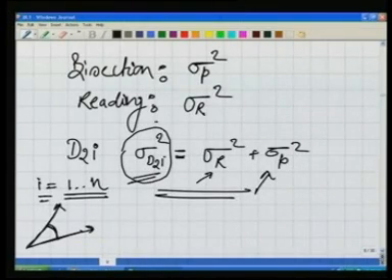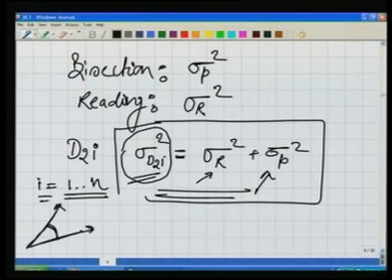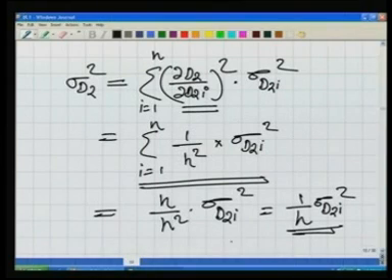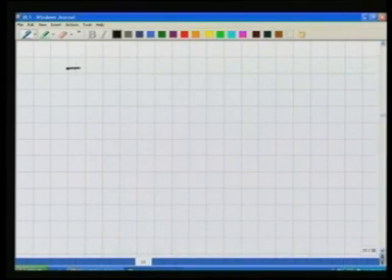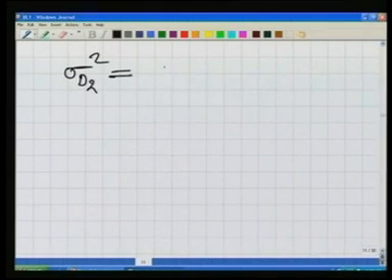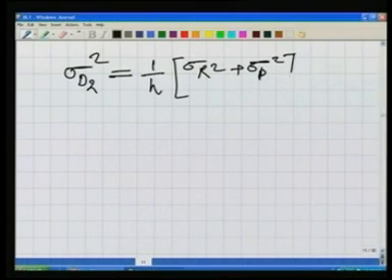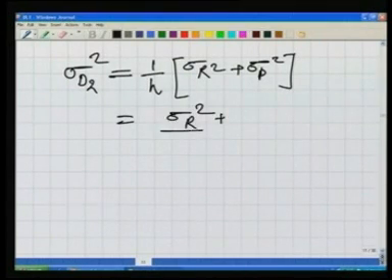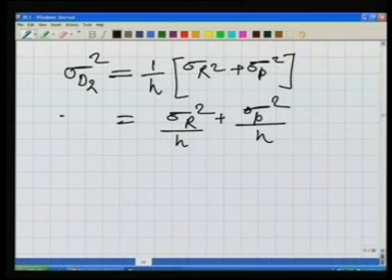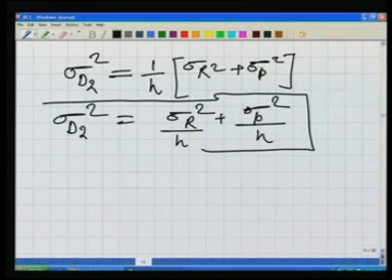Writing that value there, sigma D2 square is equal to 1 by n times sigma r square plus sigma p square. So that becomes sigma r square divided by n plus sigma p square divided by n, and that's my sigma D2 square. Okay, let's look at this, what it is so far.